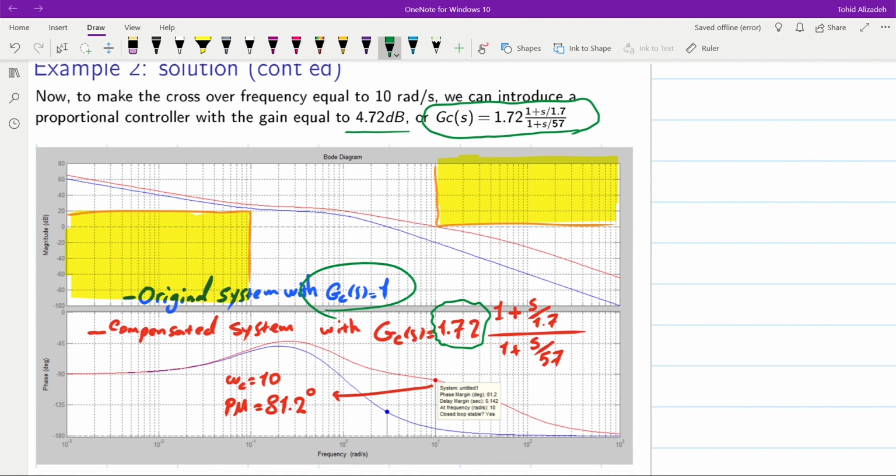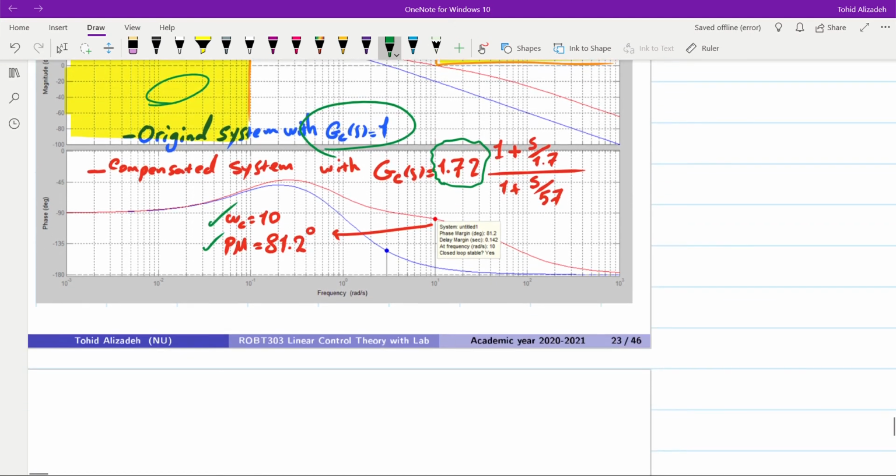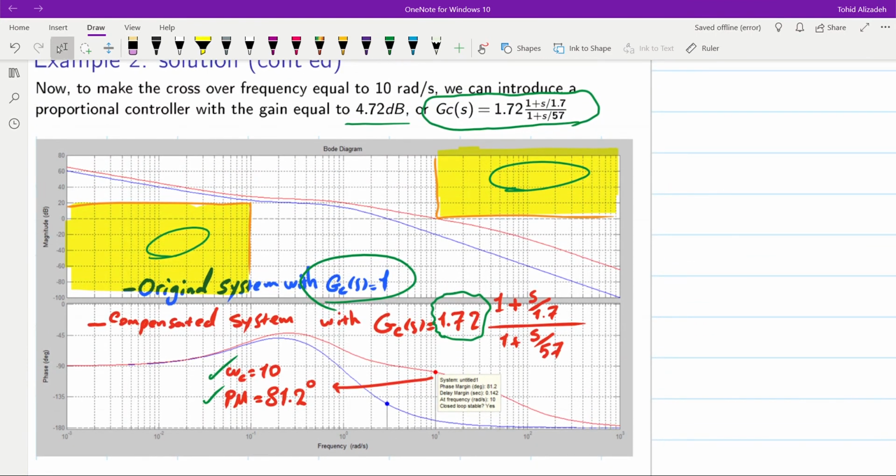You can see that the amplitude plot doesn't enter into the dangerous zones for the disturbance and for the noise. We are happy with that. Steady state error is equal to 0 because we have a type 1 system. Omega C is equal to 10, and the phase margin is equal to 81.2 degrees. So we are now done in terms of designing the controller, and all the requirements are now satisfied.